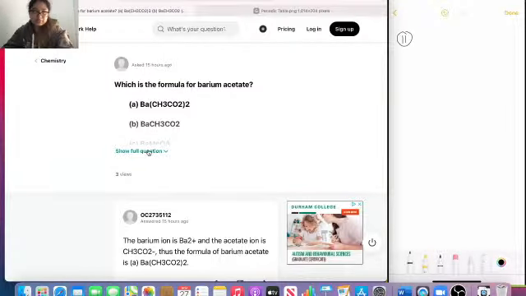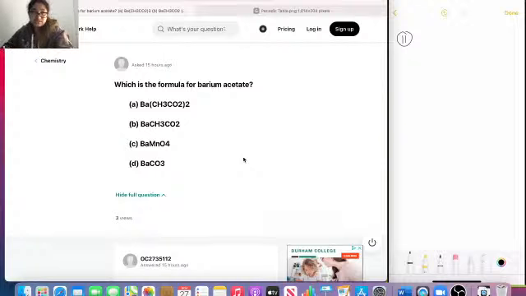Okay, so now this question says, which is the formula for barium acetate? Okay, so now we're dealing with barium acetate. Okay, so let's first write barium. So you have barium acetate.